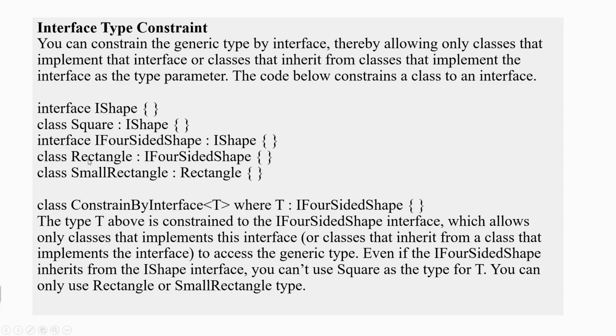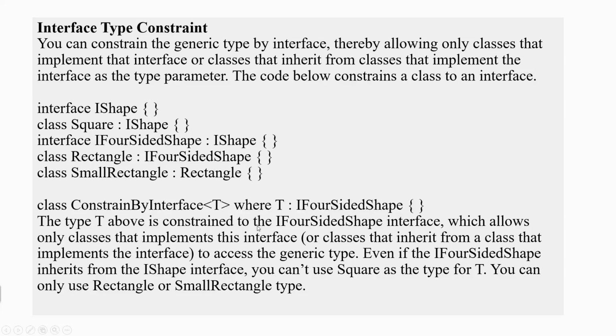All right. So now here, when I say that this class ConstrainedByInterface T, where T is nothing but, it should implement or it should derive from this interface, I4SidedShape.